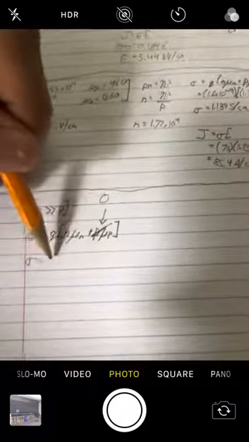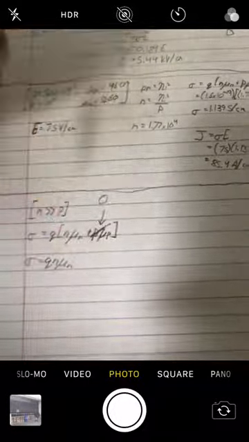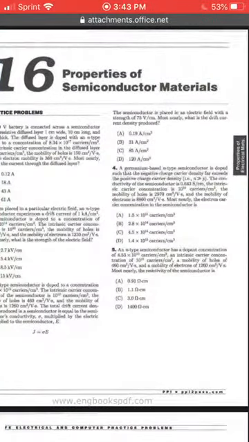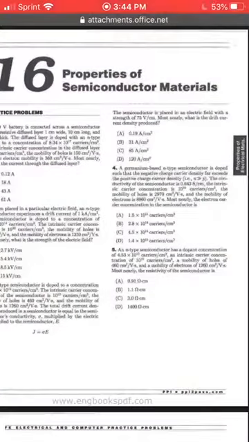So our total conductivity is going to be strictly N-based. Now the electron mobility is going to be 8,860, and our total conductivity is 0.643 Siemens per centimeter.